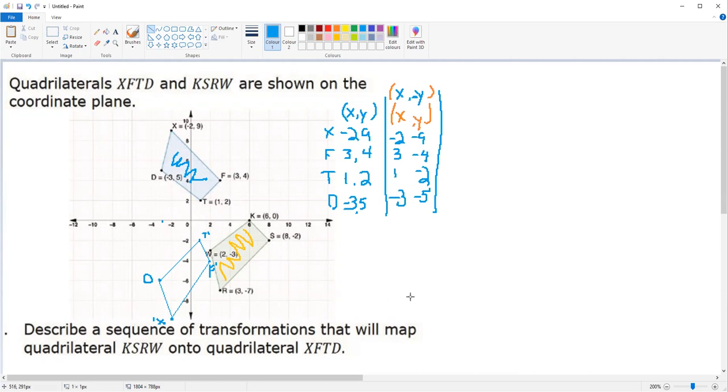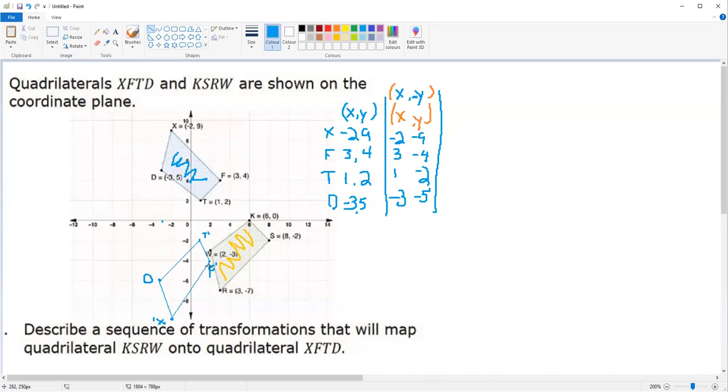Okay, there is my shape. That looks a little short, doesn't it? Double check that. My T is 1, -2. Maybe it's a little shorter one. And F is 3, -4.